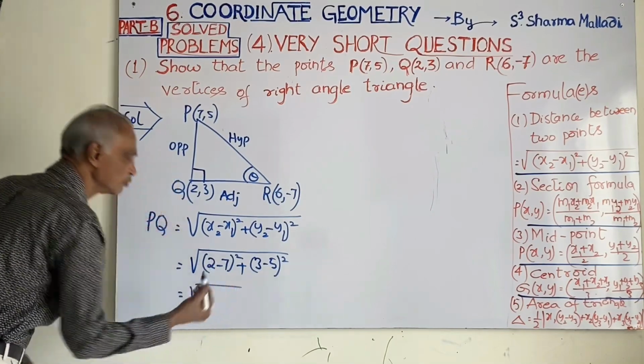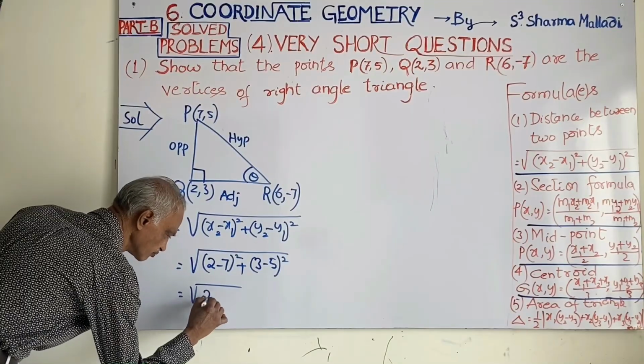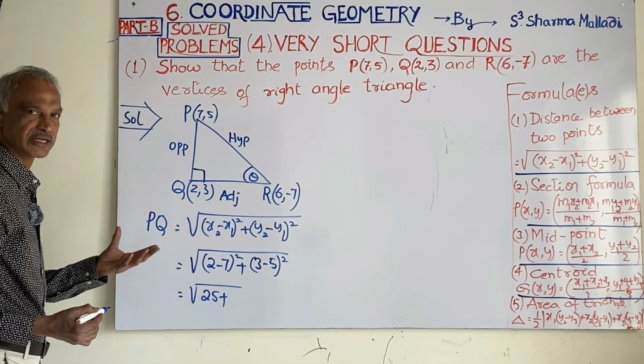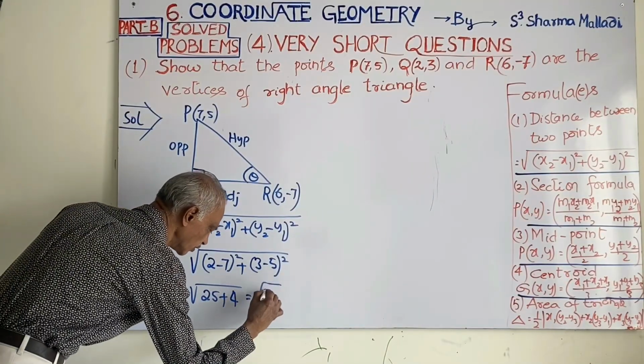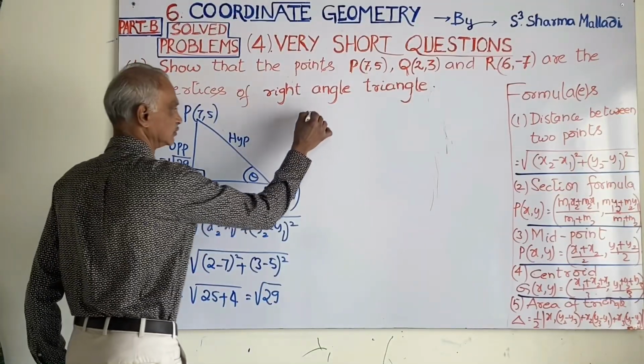Minus 5 square means 25, plus minus 2 whole square means 4. Square root of 29.